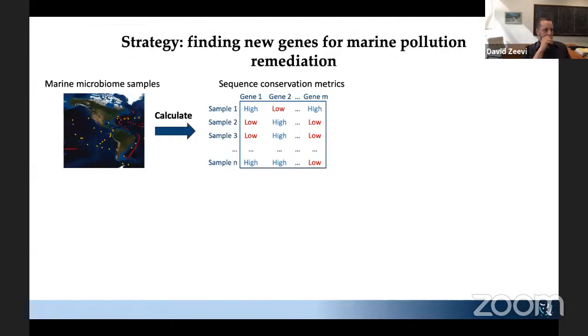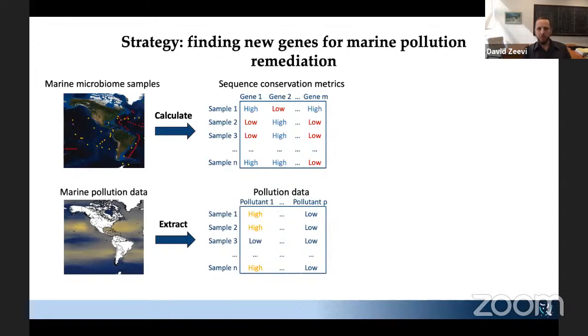What we want to do is basically to take the marine microbiome samples, calculate sequence conservation metrics, which I'm going to get into soon, take the marine pollution data, and get the value of this specific pollutant wherever these samples were taken.